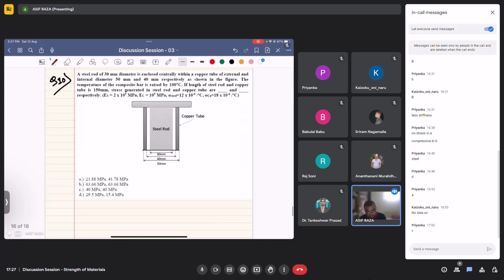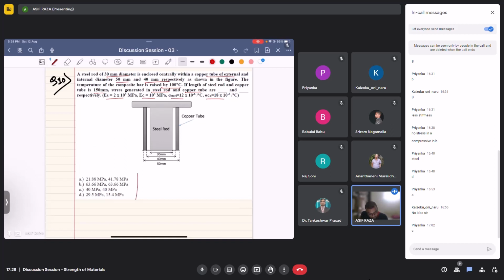The question is: a steel rod of 30 mm diameter is enclosed centrally within a copper tube of external and internal diameter 50 mm and 40 mm respectively, as shown in the figure. The temperature of the composite bar is raised by 100 degrees Celsius. If the length of the steel rod and copper tube is 150 mm, the stress generated in steel rod and copper tube are, and we are given the Young's modulus and coefficient of linear expansion for both the components.